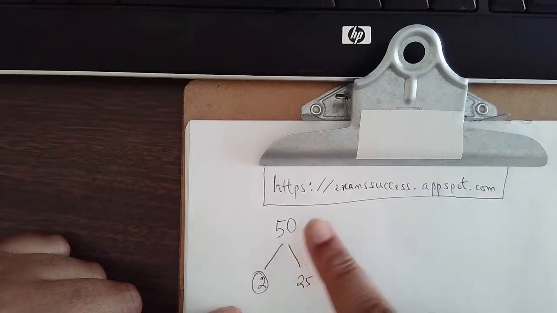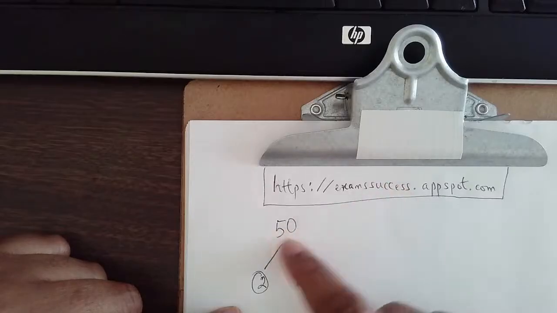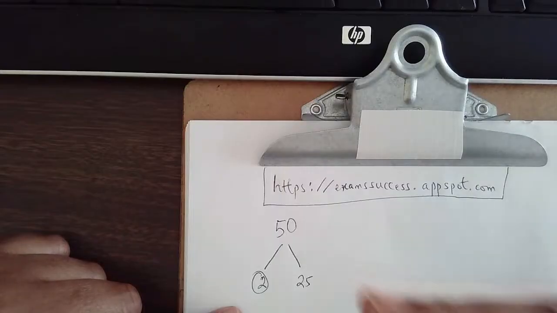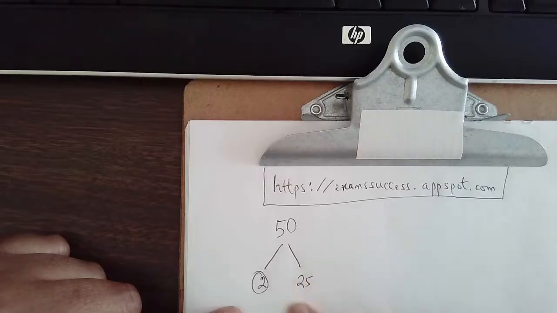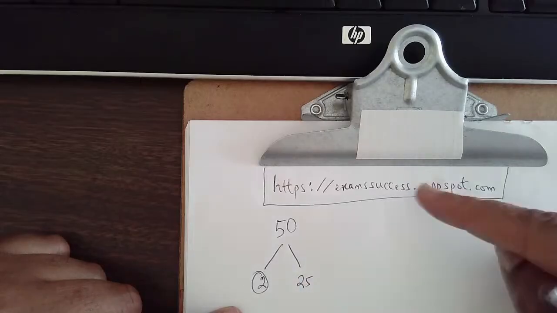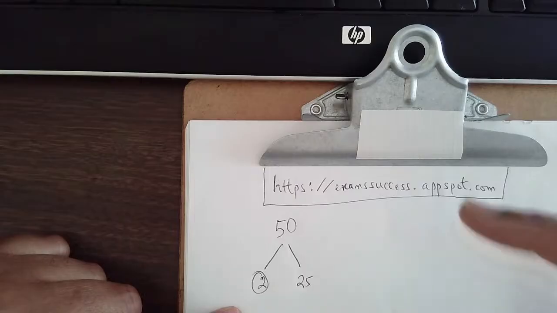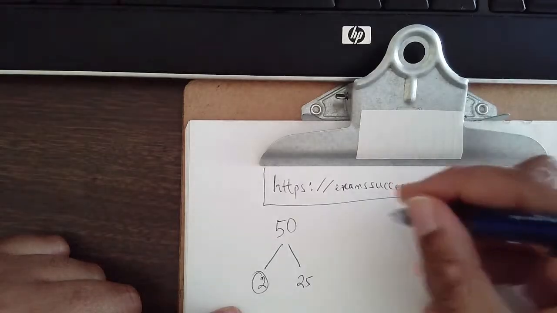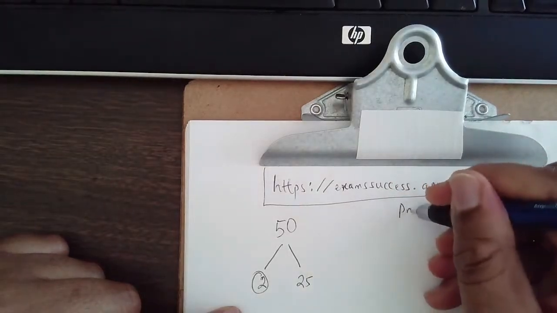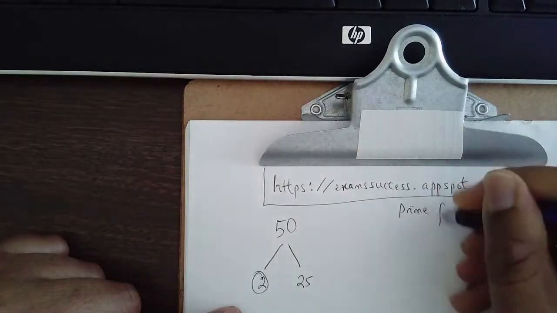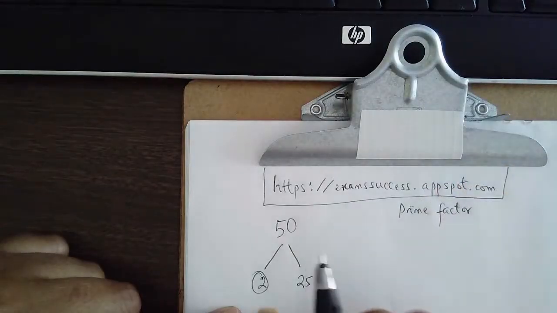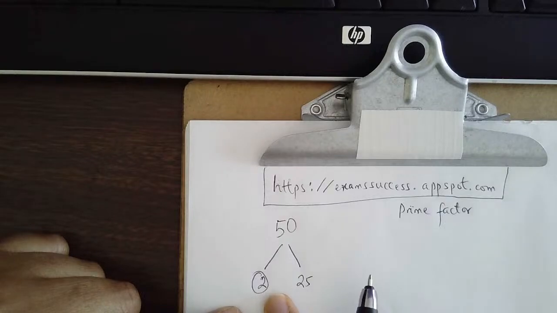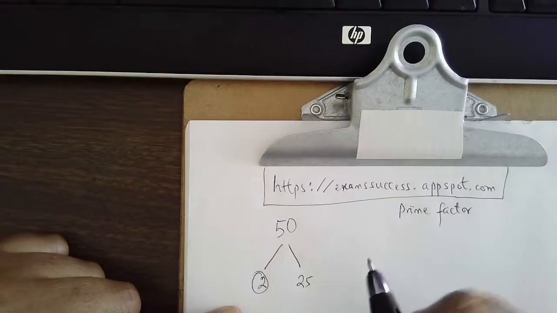So, like I said, you find 2 factors of the number such that one is a prime number, and any factor that is a prime number is known as a prime factor. So, just circle it. A prime factor is a factor that is a prime number.